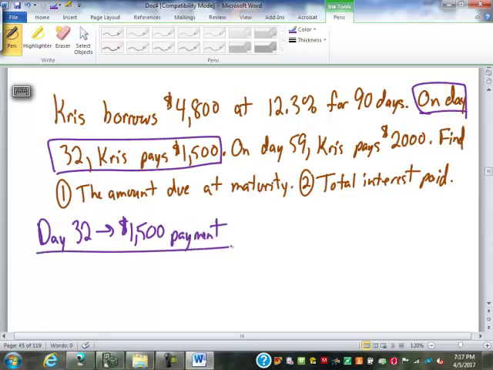So that's our first action. The days have gone by as 32 because we started from the start to day 32. Nothing else happened, so we're going to figure out our interest.